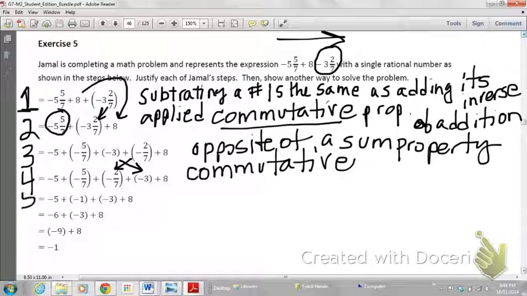Okay, now in step 5 he has applied what we call the associative property. And what he is doing then, he is going to go ahead and add the fractional portions right here, which are these two here: the negative 5/7 and the negative 2/7, and that is going to become negative 1.